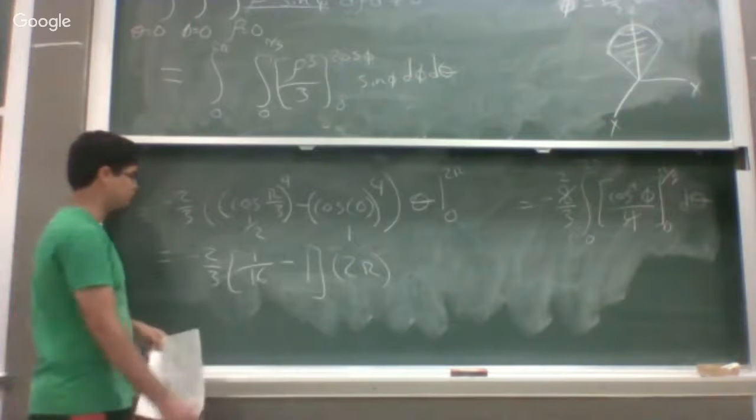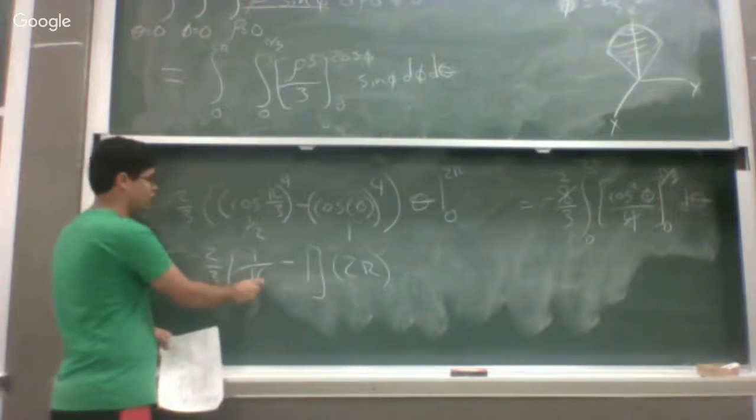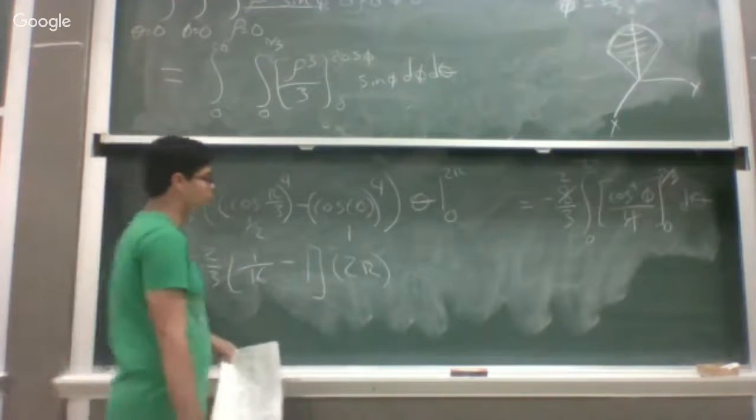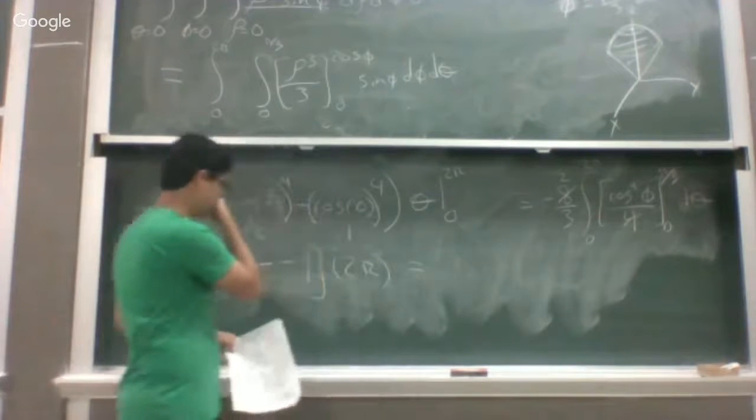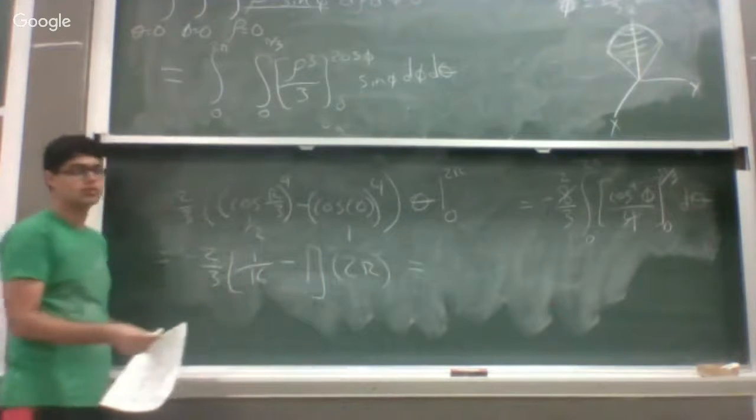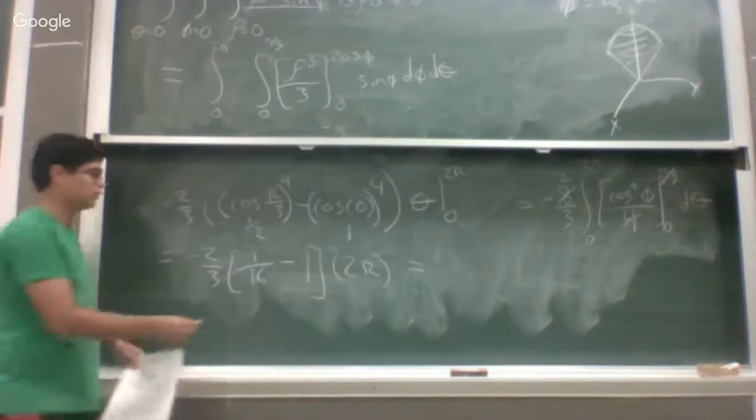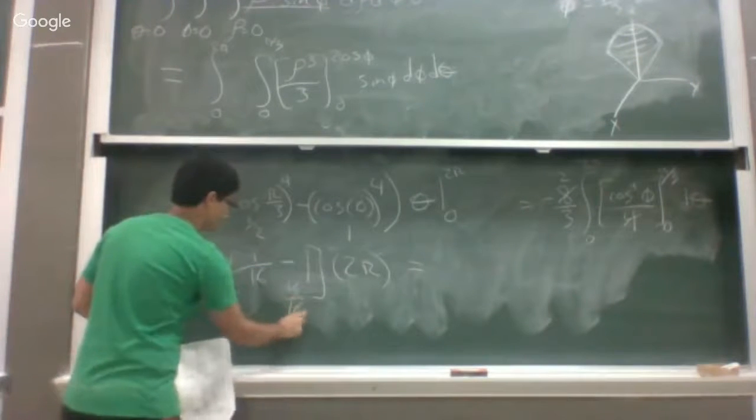So 1/16 minus 1 is equal to negative 15/16. You guys see that? Because negative 1 is 16/16.